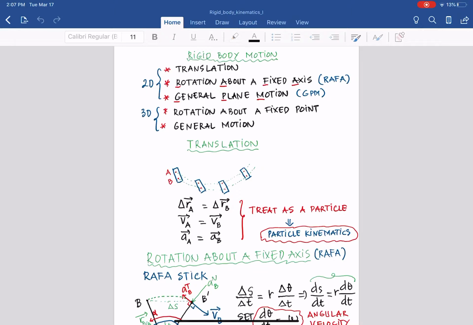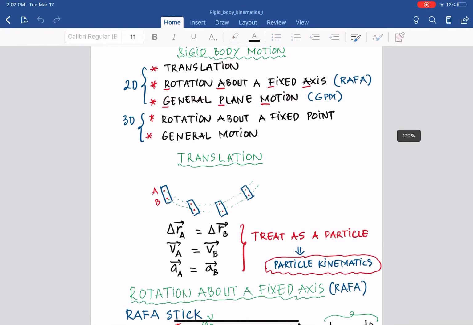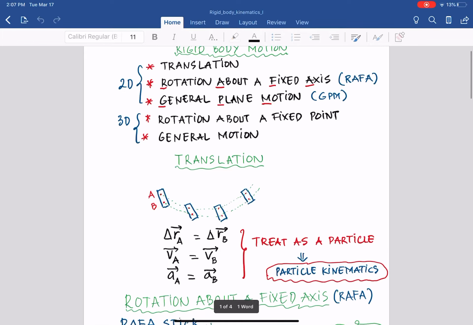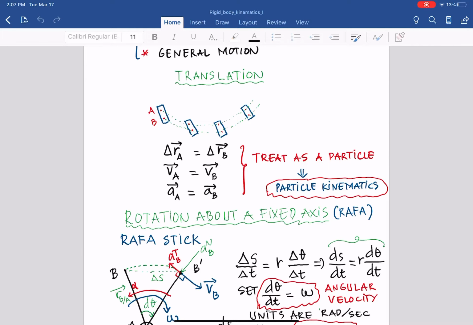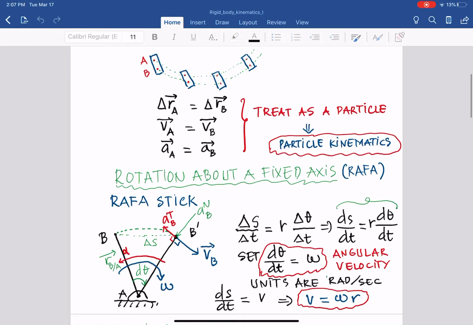So we're about to wrap up our lesson, rigid body kinematics 1. We talked again about the classification of motion in rigid body motion. We talked about translation and rotation about a fixed axis in 2D rigid body motion.